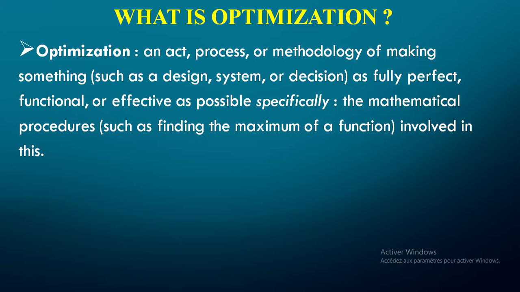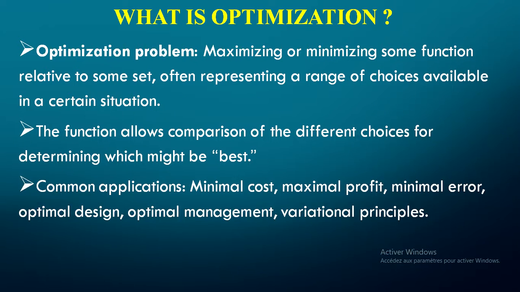So, optimization is an act, process, or methodology of making something, such as a design, system, or decision, as fully perfect, functional, or effective as possible, especially the mathematical procedures involved in finding the maximum or minimum of a function. What is an optimization problem?